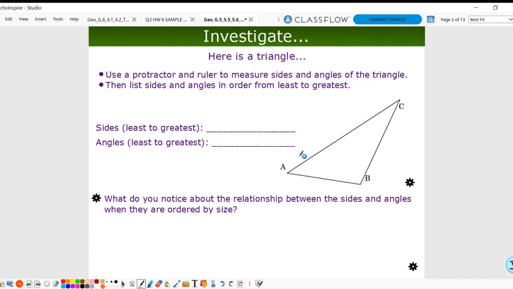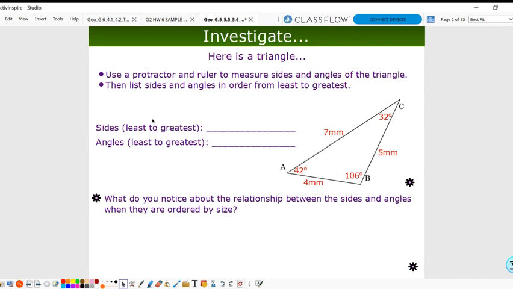Here is a triangle. You can use a protractor and measure the side lengths and angles of the triangle. Once you've done that, you can then go ahead and list the sides from least to greatest order. So I don't know these lengths, but if I look at them, I can kind of get an idea. So if we were to measure with the protractor, we'll be able to see kind of what those lengths and angle measures are.